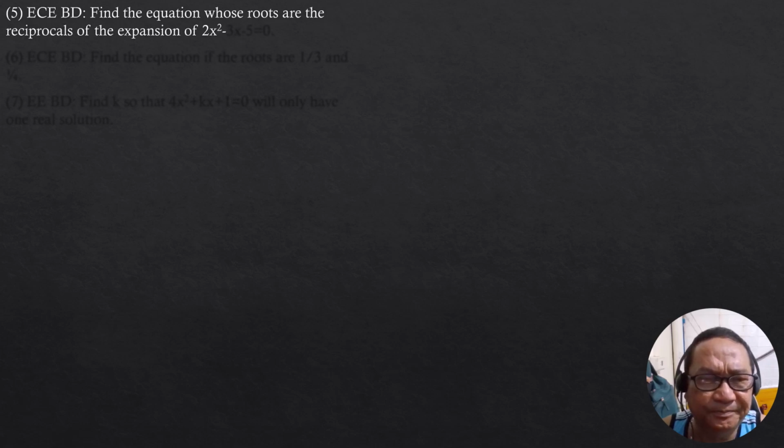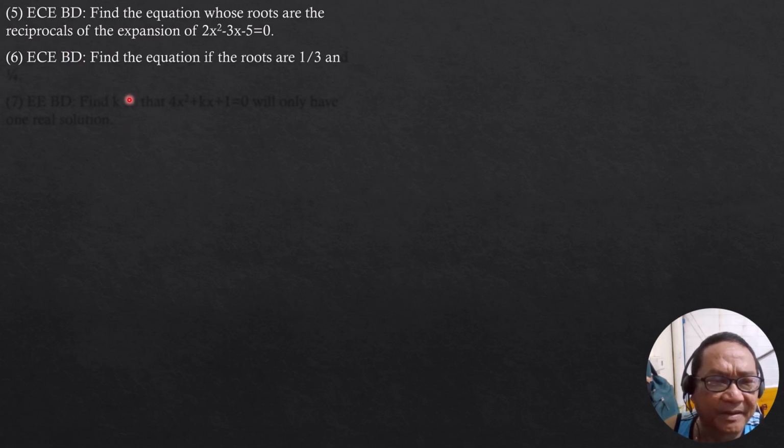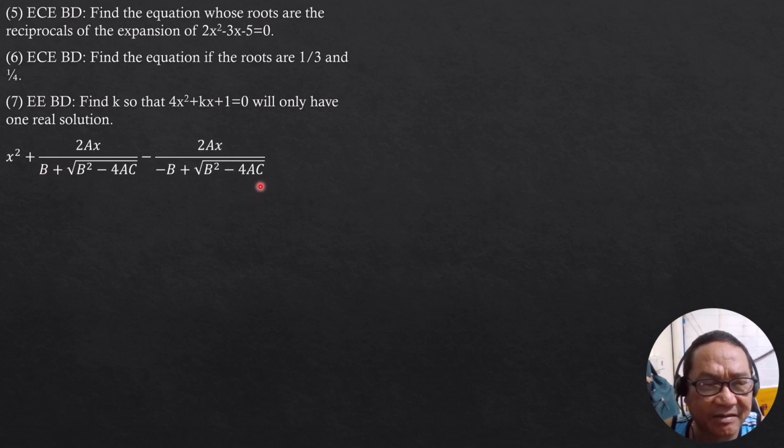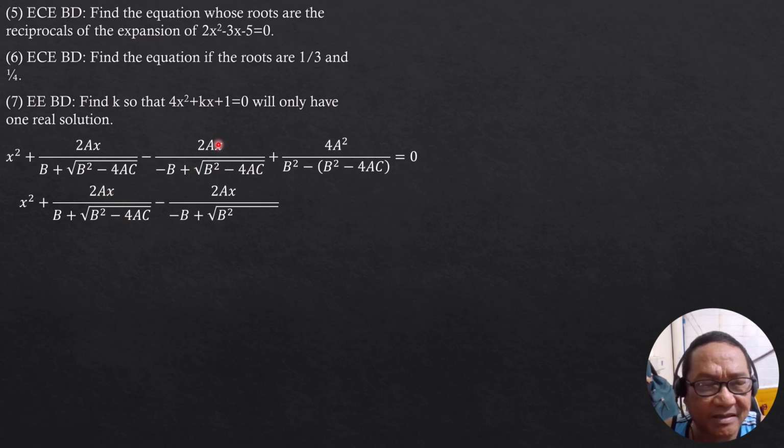So to continue with problem 5, the equation we left off in the preceding slide would be this, you can recall. So simplifying further, and we just simplify this middle two terms, so it becomes x squared plus, we just copy the middle two terms, then this is 4a squared over 4ac equals 0.